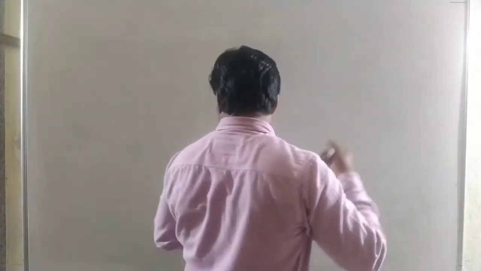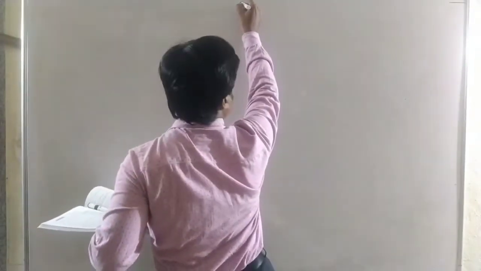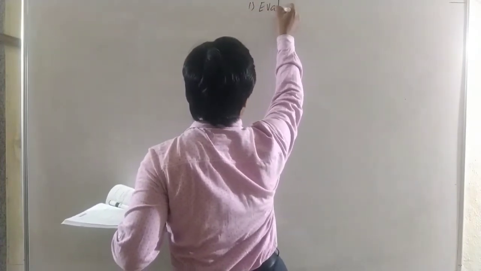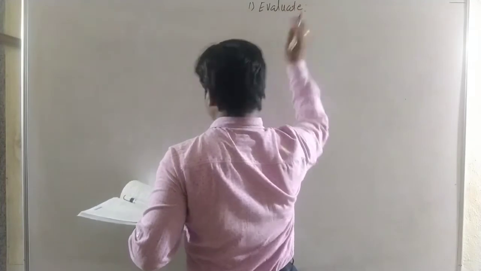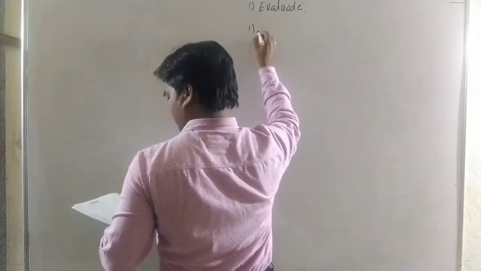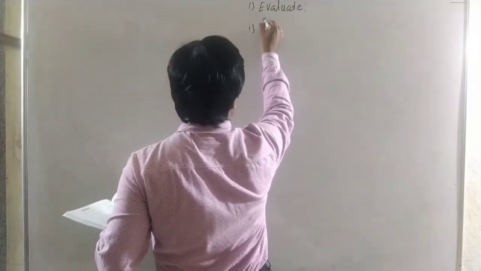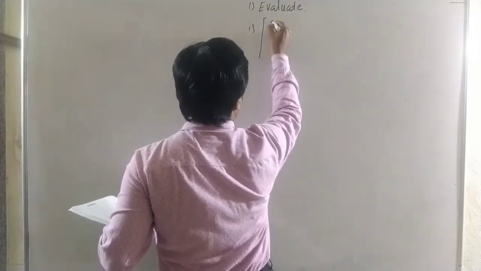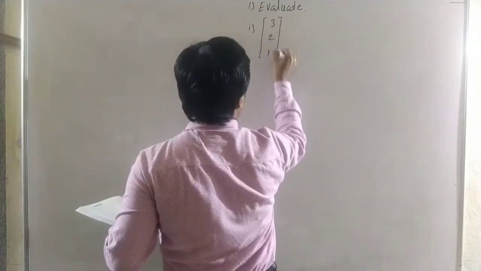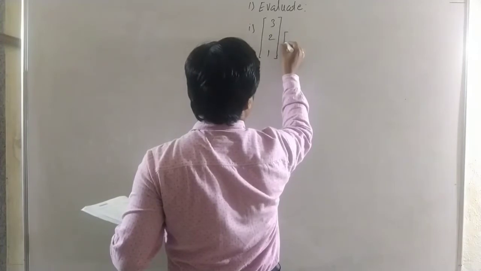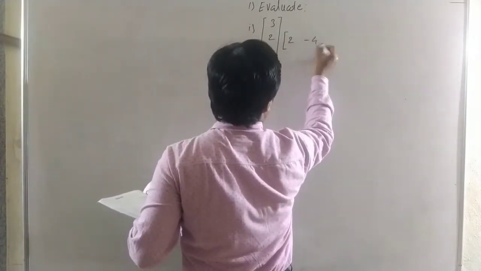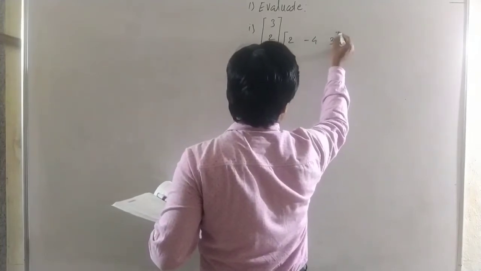There is the first example. Evaluate. The first example is the product of the two matrices [3, 2, 1] and [2, -4, 3].